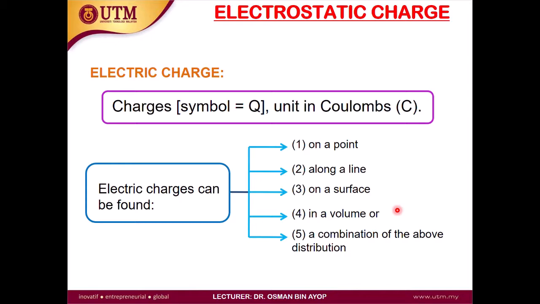So that means it depends on how the charge is arranged. The arrangement of charge will have different definitions and different analysis to find the electric field intensity.